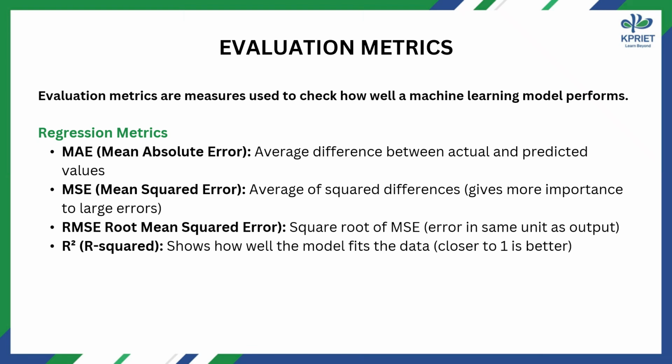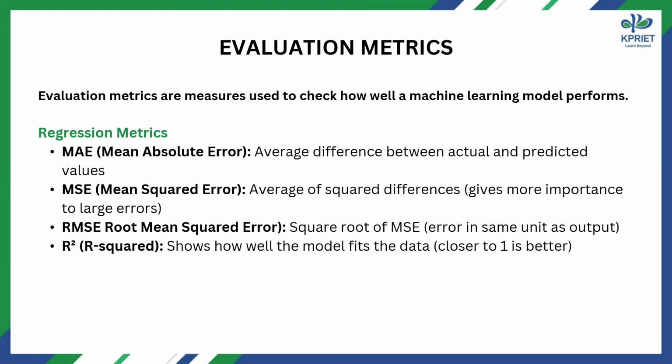And following are the evaluation metrics of a model. Evaluation metrics are the measures which are used to check how well a machine learning model performs. So the regression metrics are mean absolute error or MAE, mean squared error or MSE, root mean squared error or RMSE, and R squared error.